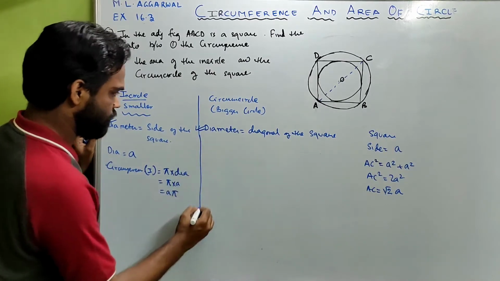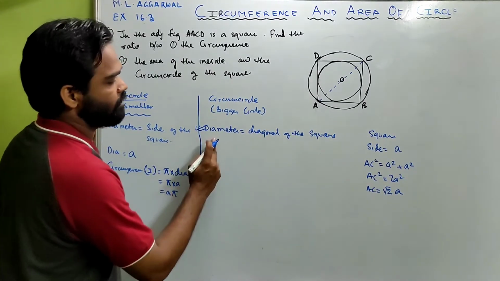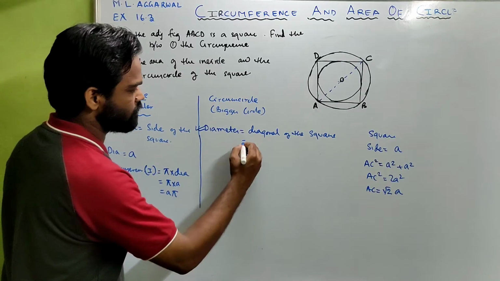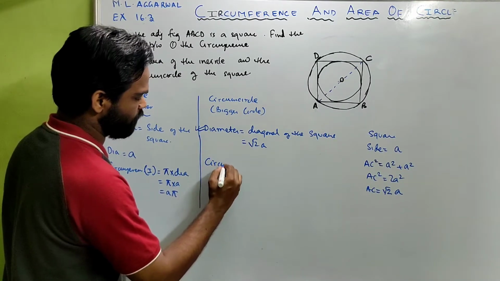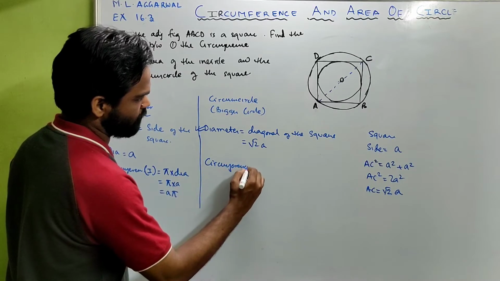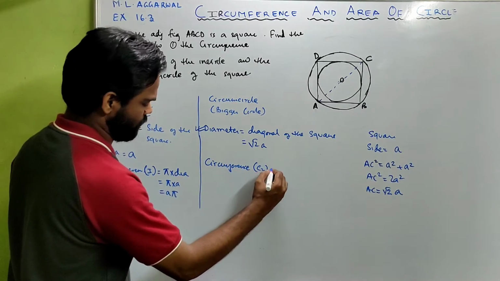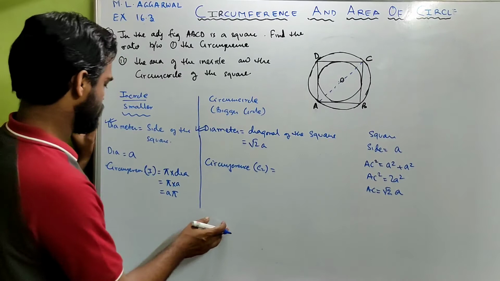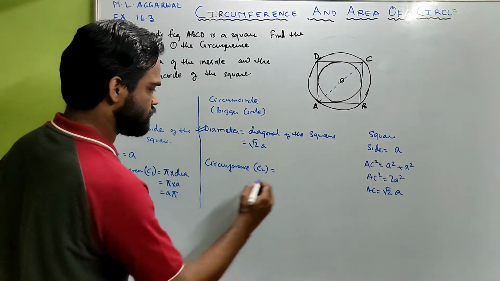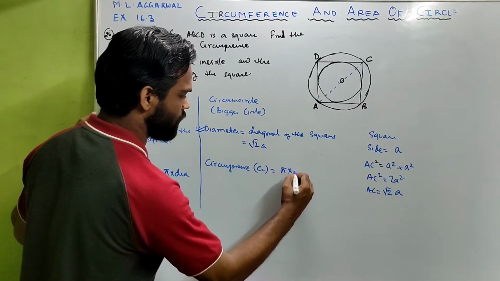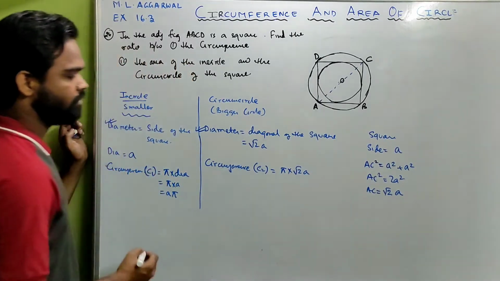And for this, the diameter is equal to the diagonal, which is equal to root 2A. So over here, the circumference, which is C2, is pi d again, so pi multiplied by root 2A.